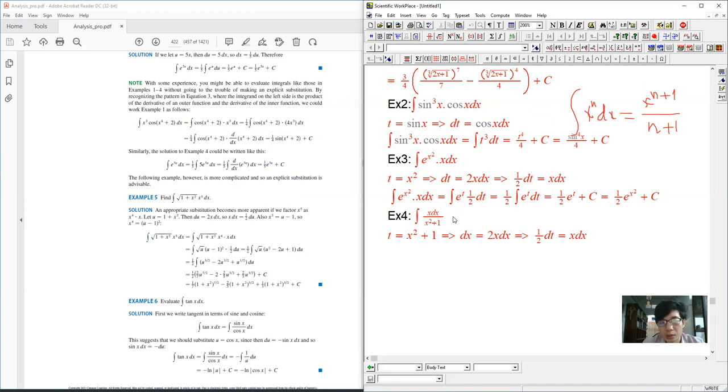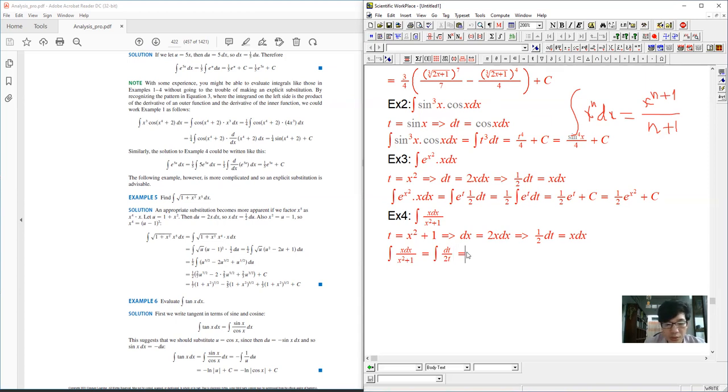Then we rewrite the integration as 1/2 dt over t, where t replaces s squared plus 1.